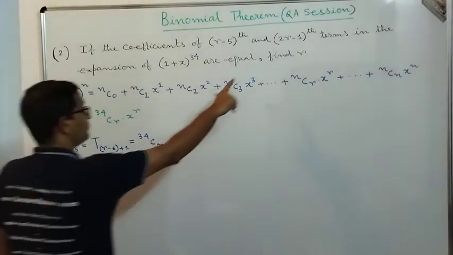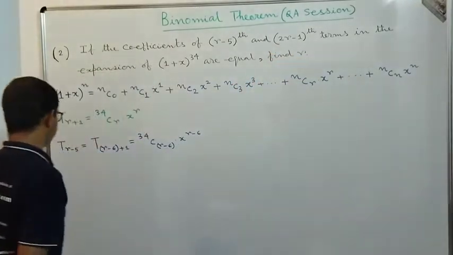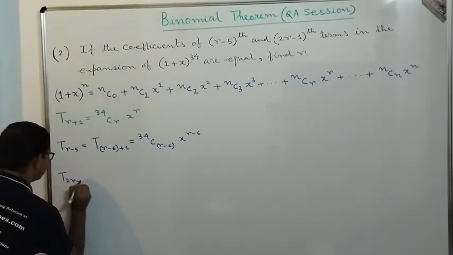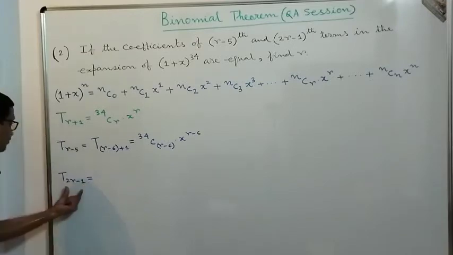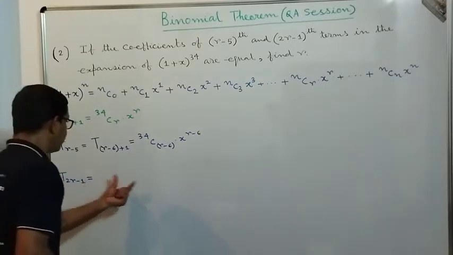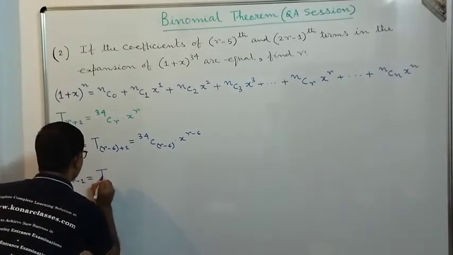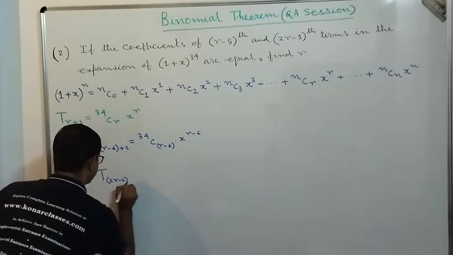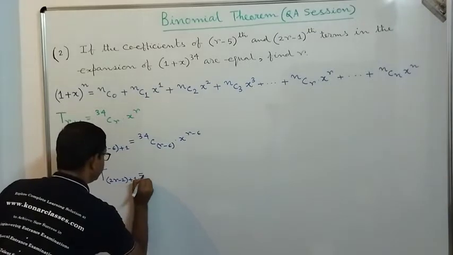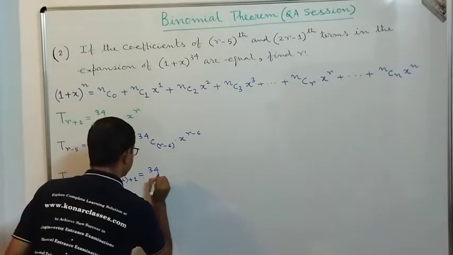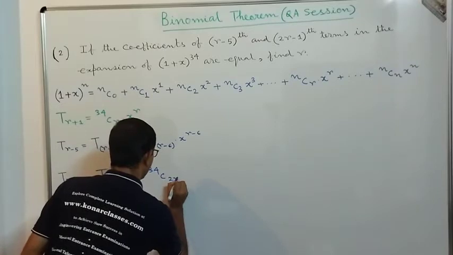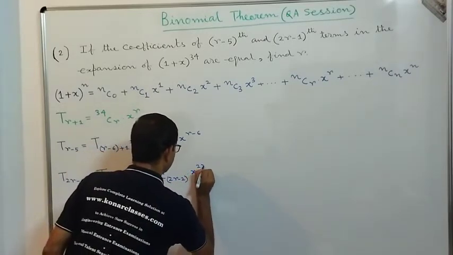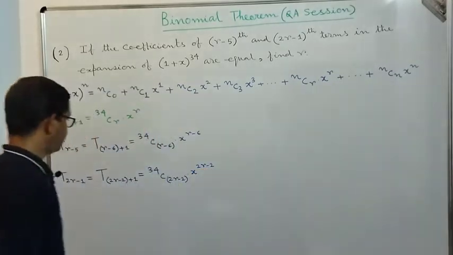In the similar manner, we need to find the 2r minus 1th term, so that means T(2r minus 1). We need to write 2r minus 1 as something plus 1. So how can we write that down? We can write T(2r minus 2 plus 1), which is equal to 34C(2r minus 2) into x to the power 2r minus 2, correct?